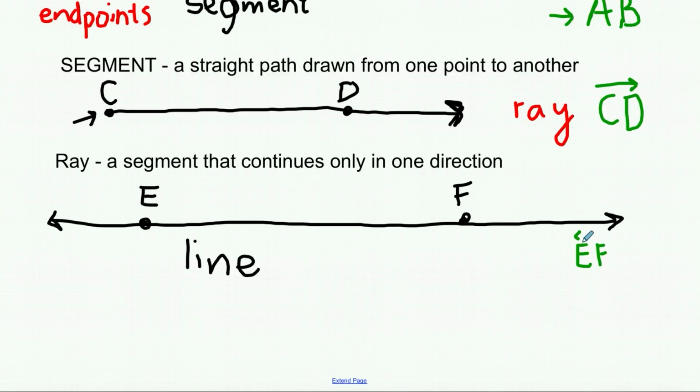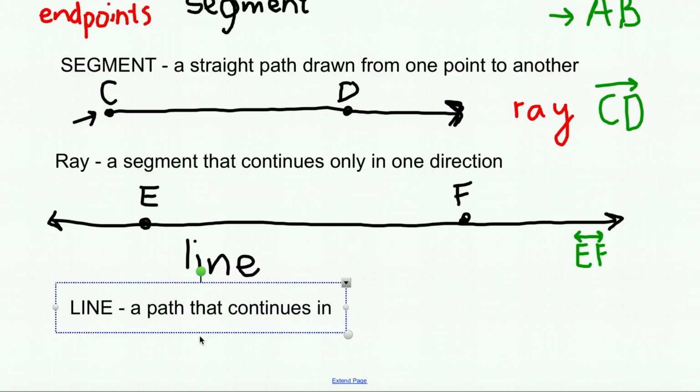And we would put this little symbol over the top. That means line EF. That's how we would refer to this line. So a line is just defined as, I'll write it out, line. And you could put this on your definition sheet. A path that continues on in 2 directions.